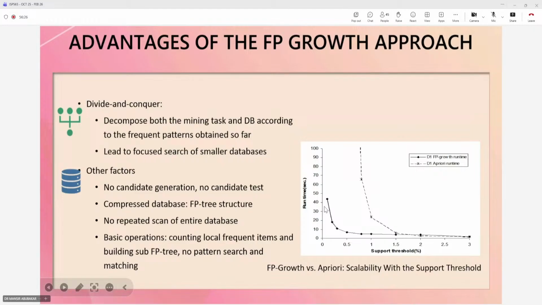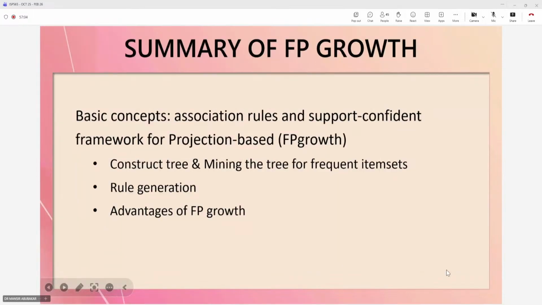You see the runtime, because there is not much scanning, the runtime of the FP-growth algorithm, which is D1 here, is lower than Apriori. This is why I say that the FP-growth algorithm was introduced to address some issues associated with the Apriori algorithm. So it has a lot of advantages. Maybe you read ahead, you read more, and you see some other advantages.